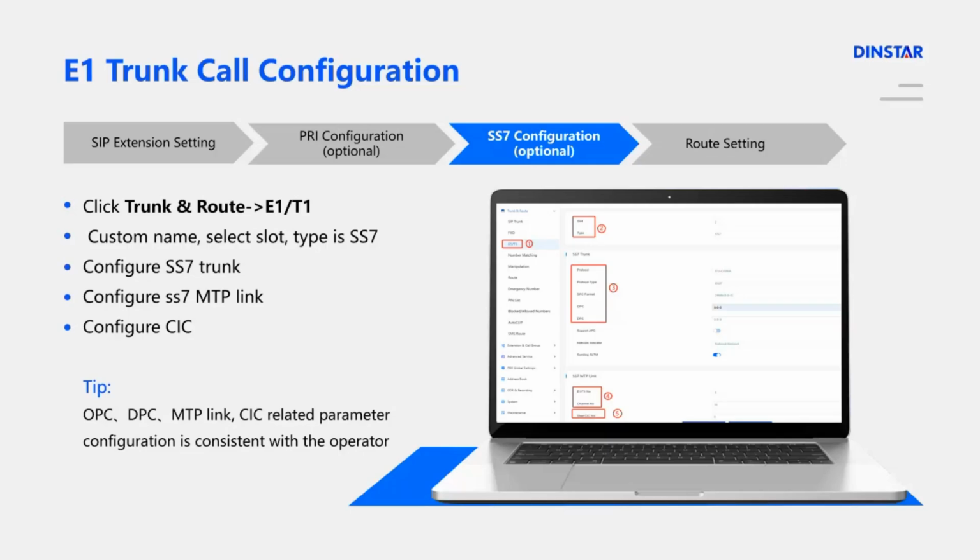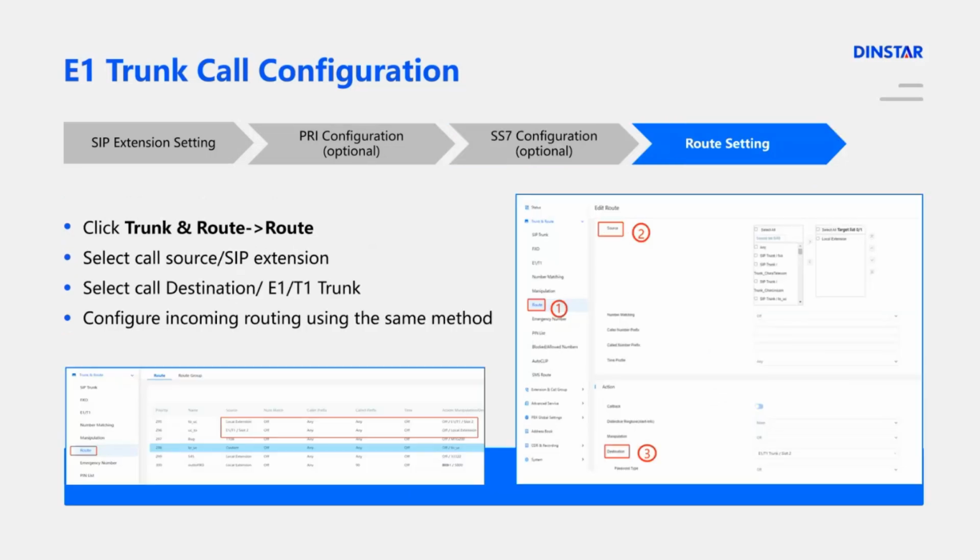And the last step, we have to link the extension to the E1 trunk. So we have to set the route. We set the call source; if it's an outbound call, we set the source as the SIP extension and the destination as the E1 trunk.